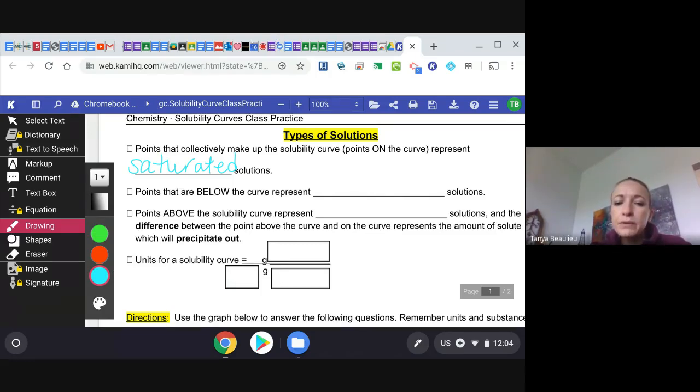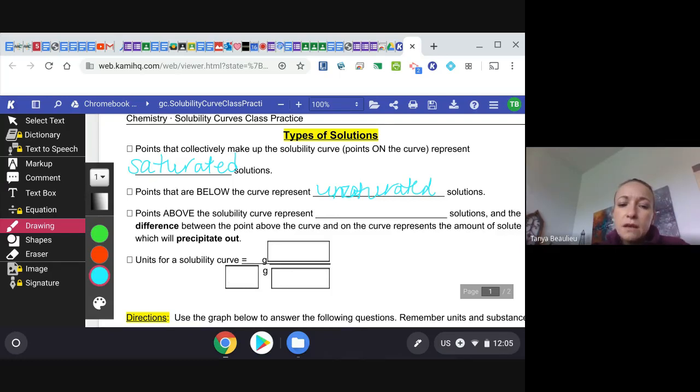Points that are below the curve represent unsaturated solutions. Now, if something is unsaturated, it has less than the maximum amount of solute that can be dissolved. That's why it's under the curve. It's less than what that line is, so it's less than the maximum amount of solute.